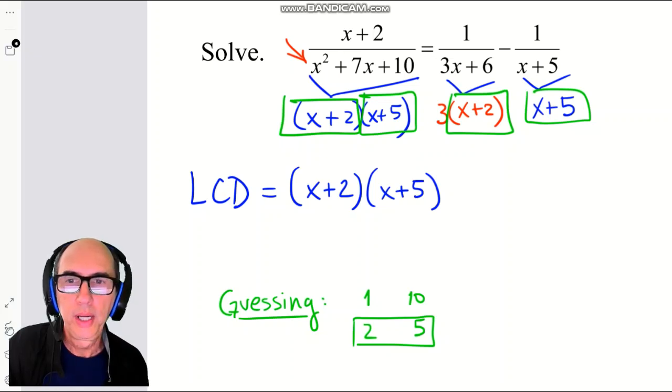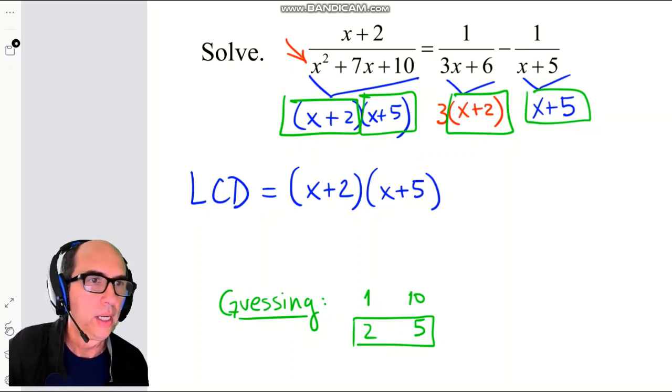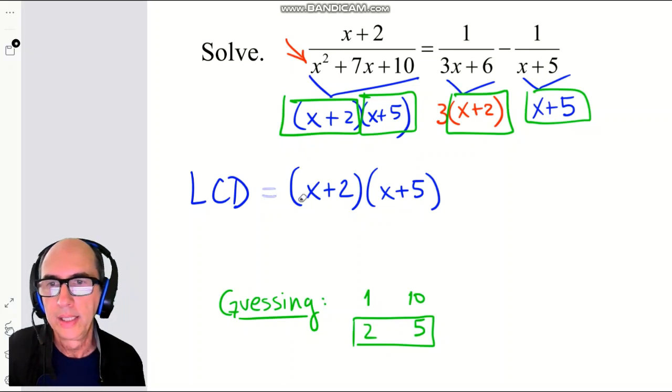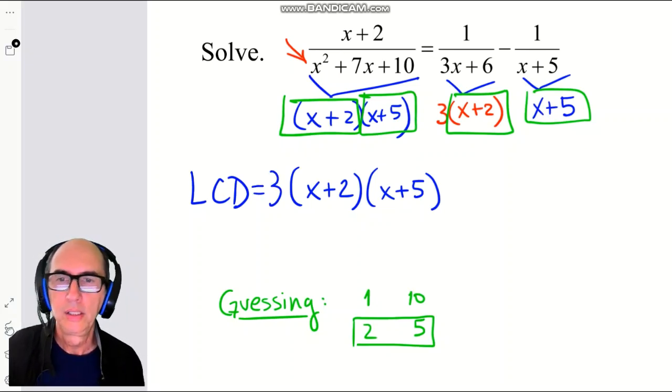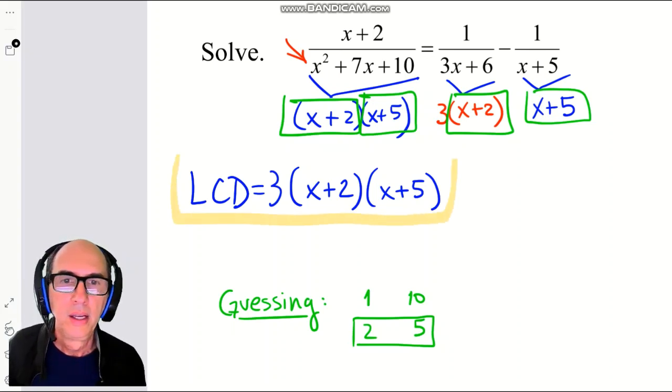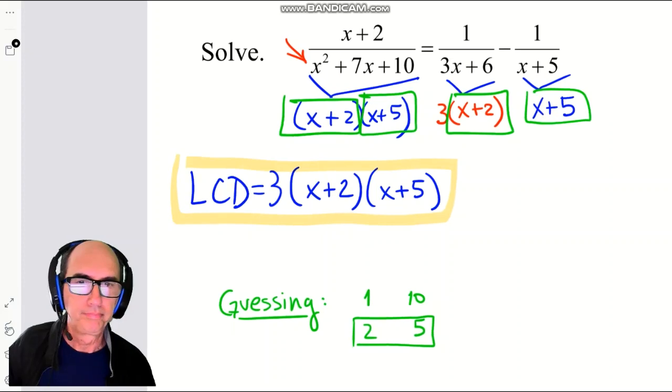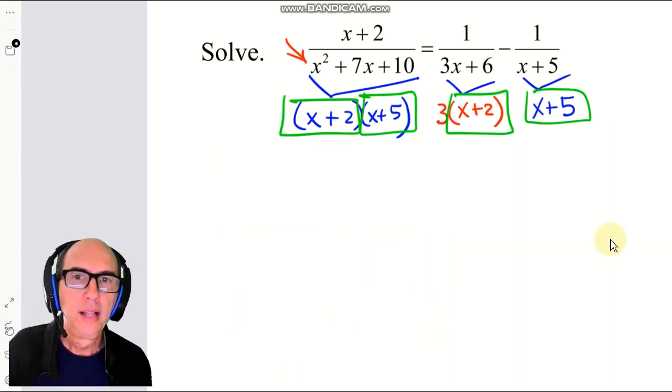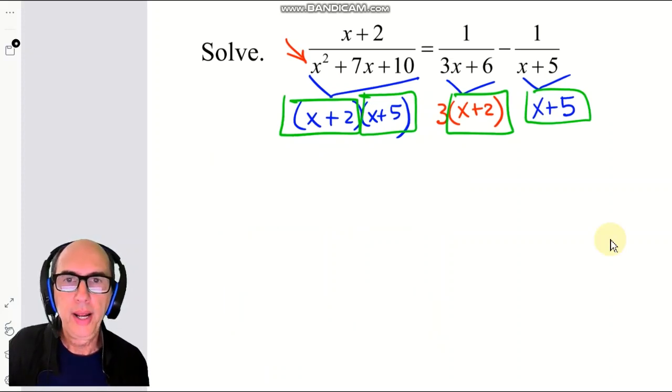And 3. Let's write down the 3 here at the beginning. I like to write the number as a coefficient, 3. This is the least common denominator. Well, now it's up to you. Now pause the video, try to work this example by yourself, and after that I will show the answer.